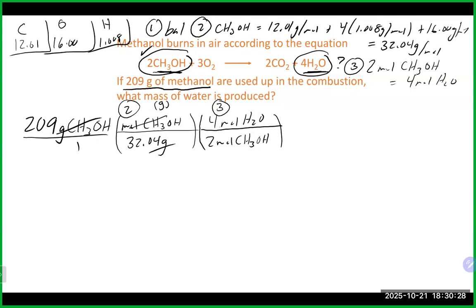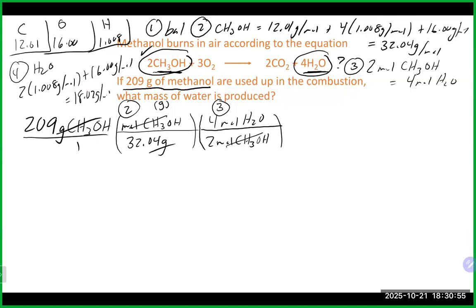Once again here, the moles of methanol will cancel. At this point, we would lay out our calculation and we would be in moles of water. We do want grams. So once again, we do need to do step number 4, which is our molar mass there of water in this case. Little 18.02, right? 1.008 for the hydrogens and a 16 for the oxygen.